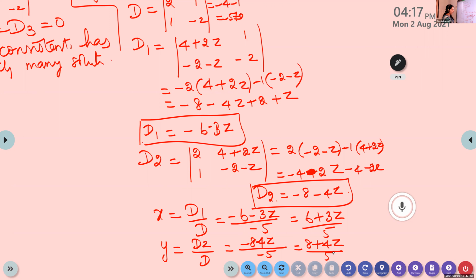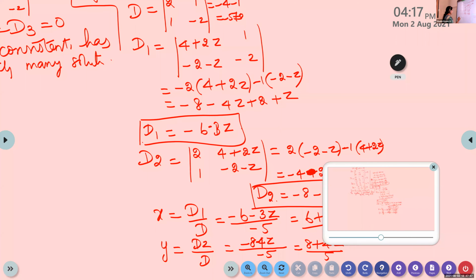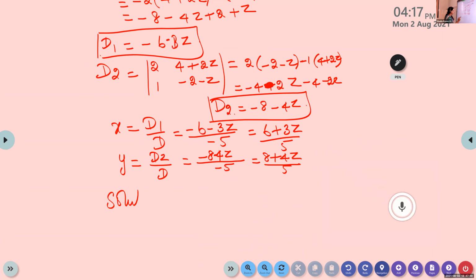Now we are going to write the solution. You put z is equal to k, because we have x in terms of z and y in terms of z. Therefore x is 6 plus 3k by 5, and y is 8 plus 4k by 5.